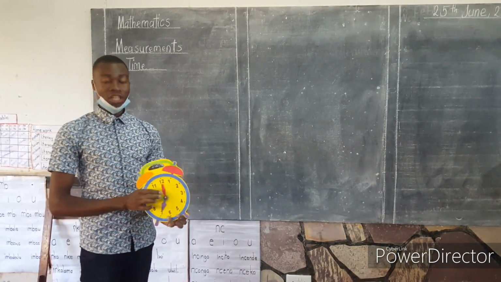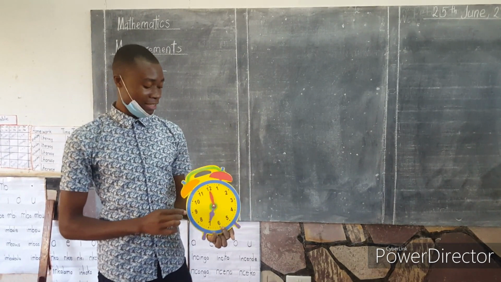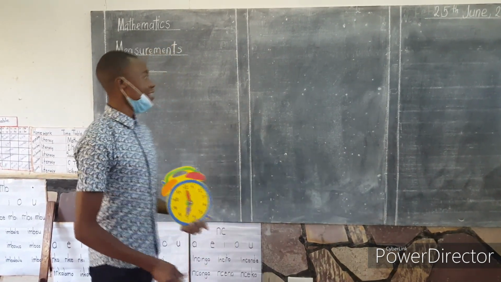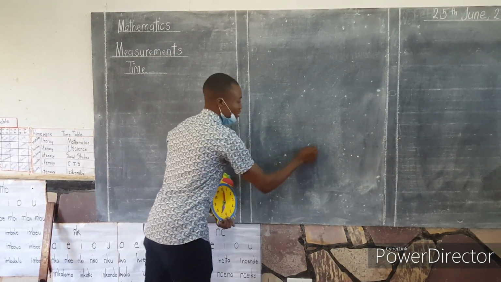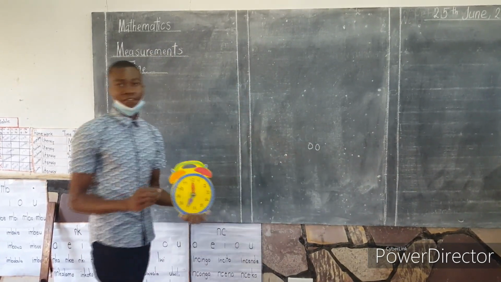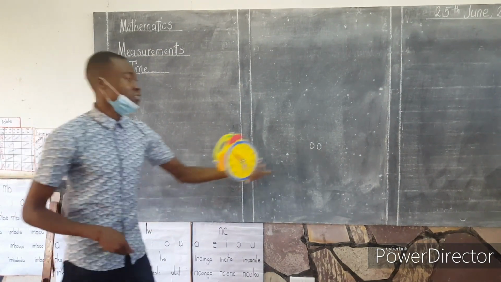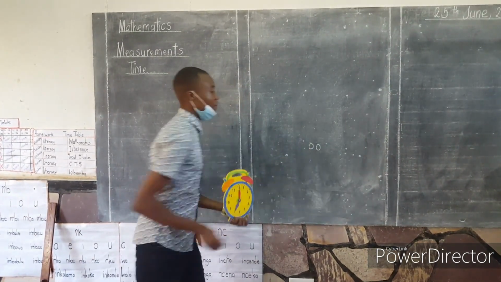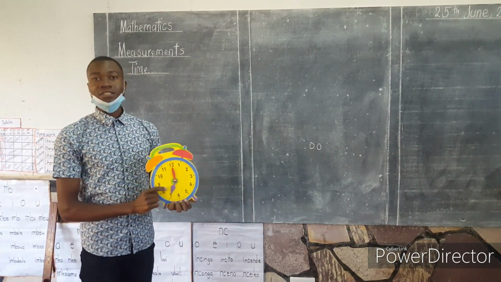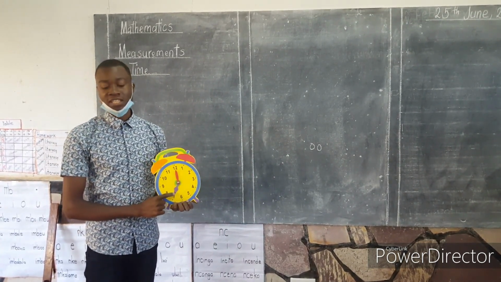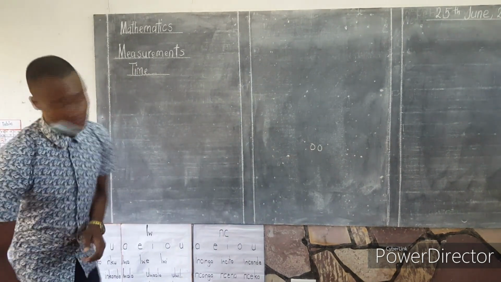Then we also discussed that when the long hand points at 12, the minutes show 0, 0. So every time the long hand is on 12, it shows 0, 0. Then our focus should be just on the short hand, which is for hours.